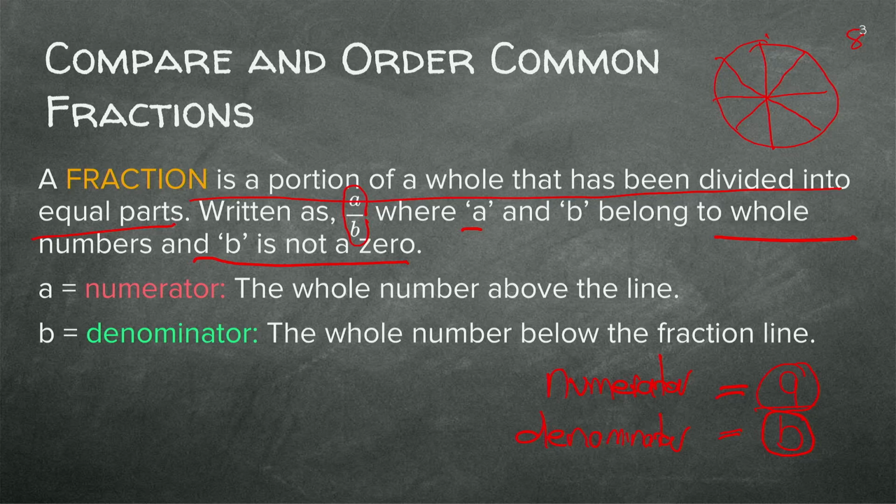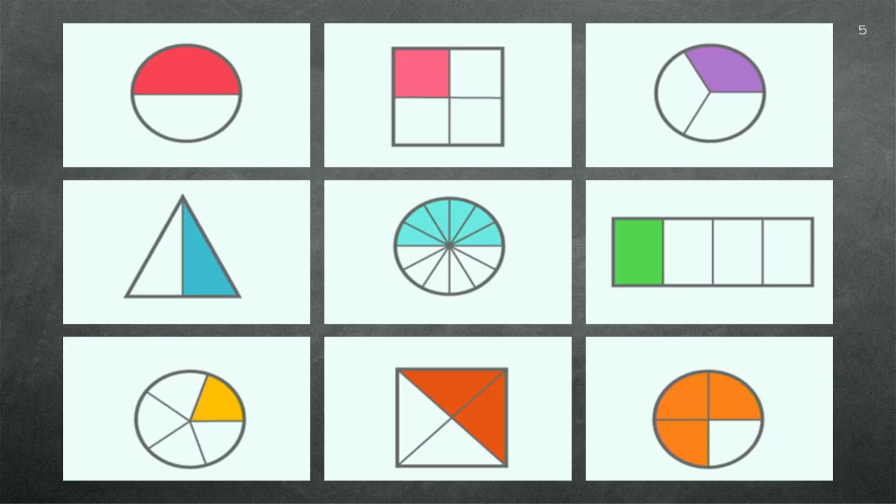And if you think, I'm going to get confused, find a way to remember that the number above the line is the numerator, it's telling us how many of the denominator, which is the bottom, is part of the fraction.